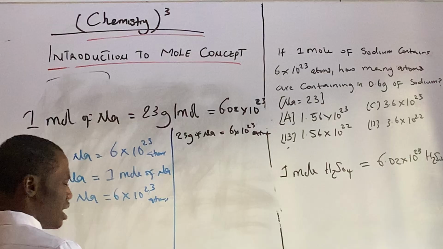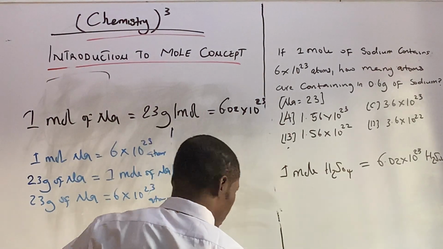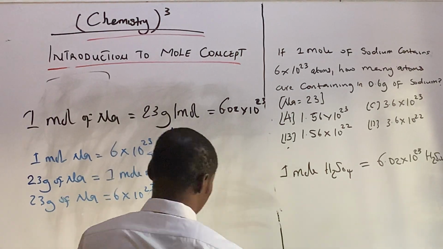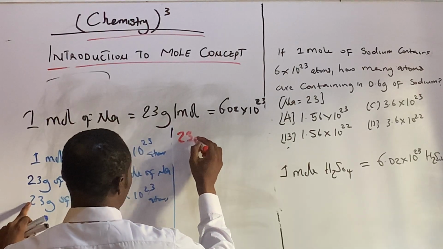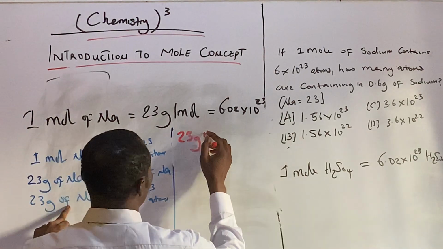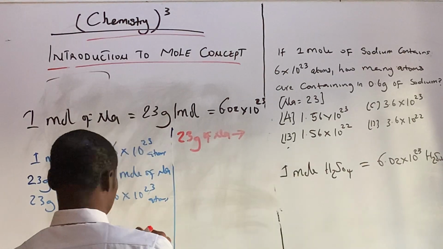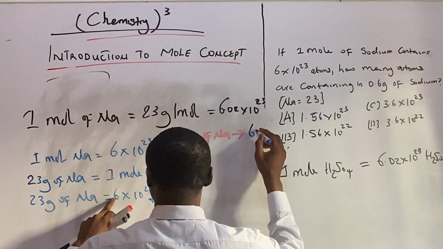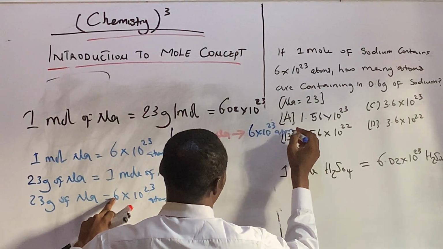Now, let me expand the board because you need to understand what I'm doing. Let's use the red pen. 23 grams of sodium contains 6 times 10 raised to the power of 23 atoms.